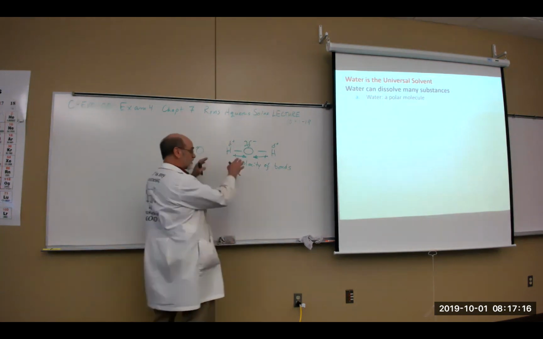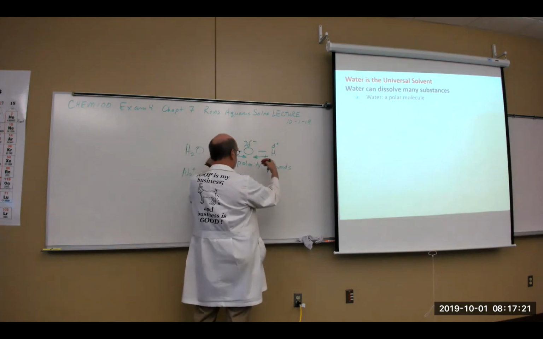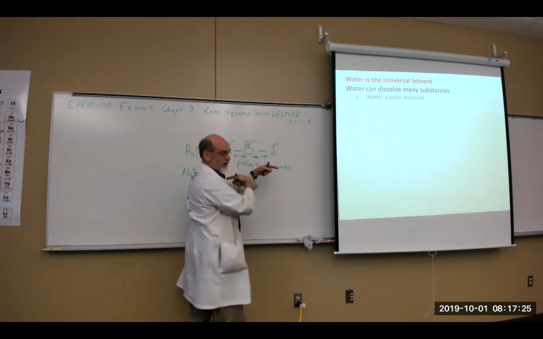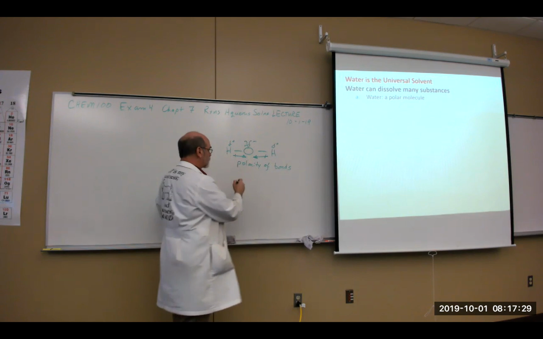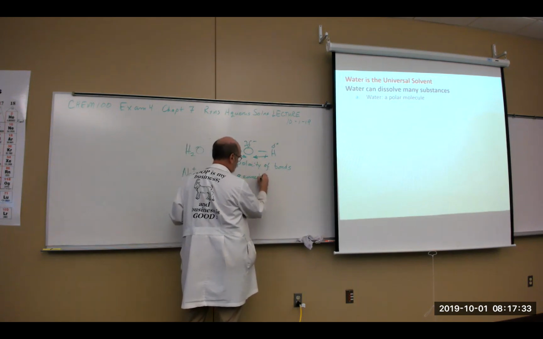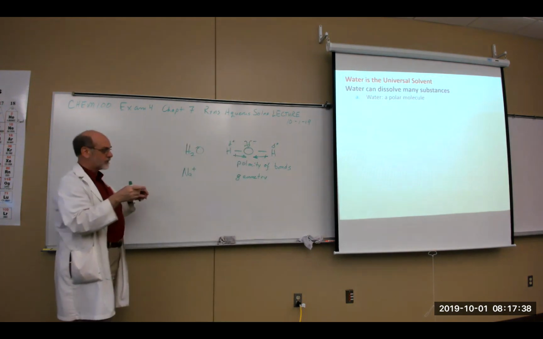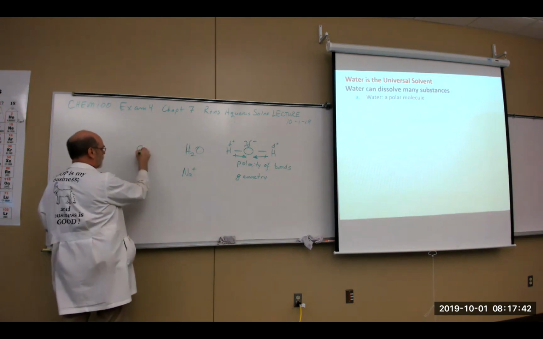Now, if this one is drawn that way and this one drawn that way, they cancel one another out, because that arrow is going this way and that arrow is going that way. So this would be a nonpolar molecule based upon its geometry. And now we get to your point. Water is actually bent like this.